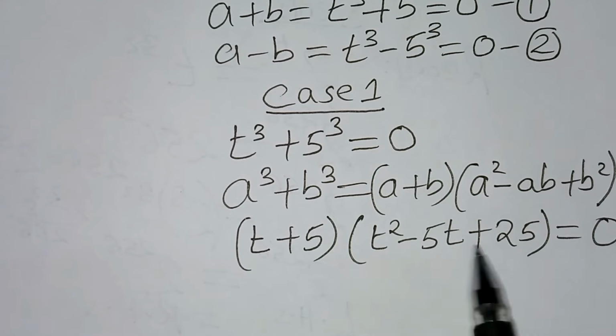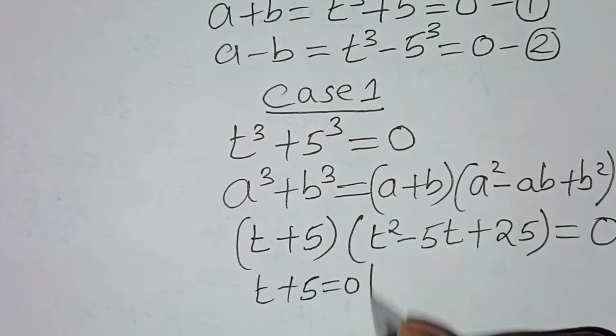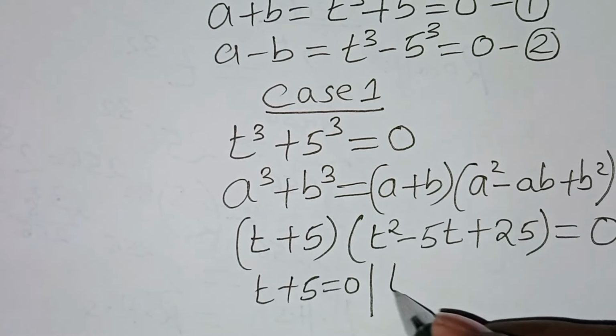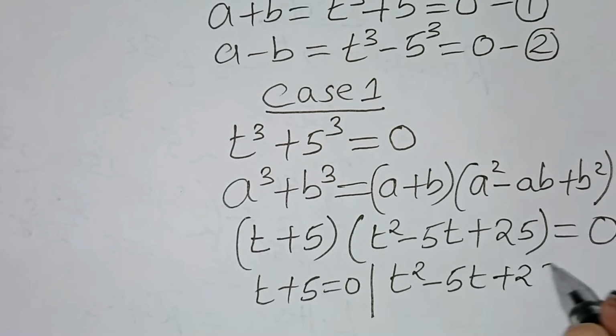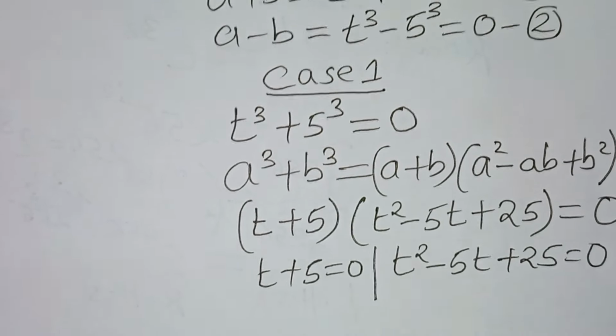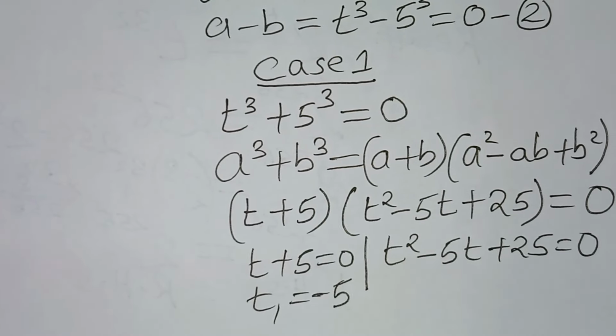Here we have two parts. The first part is t plus 5, equal to 0. The second part here is t to the power 2, subtract 5t plus 25, equal to 0. So here t1 is equal to minus 5.